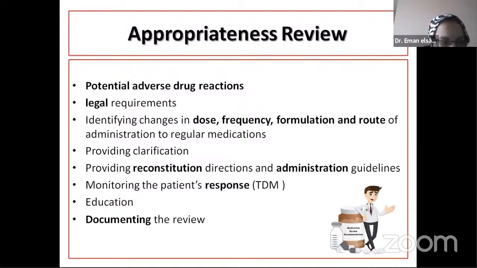So if there is any medical problem needing medication, we can recommend to start drug therapy. Sometimes a medication is not available, or is available but not in a suitable dosing regimen or formulation, so we will recommend an alternative.